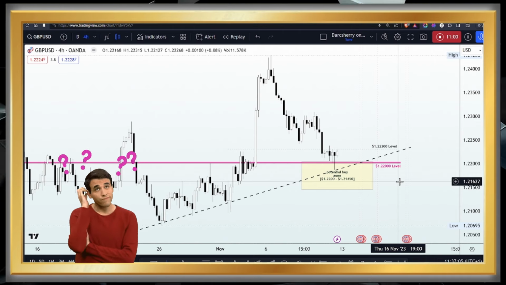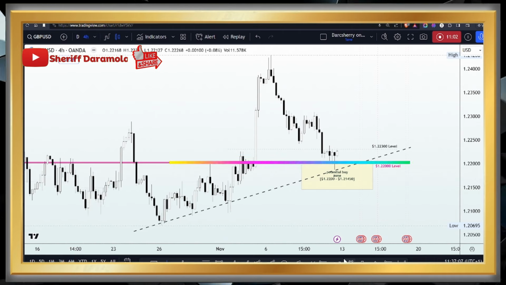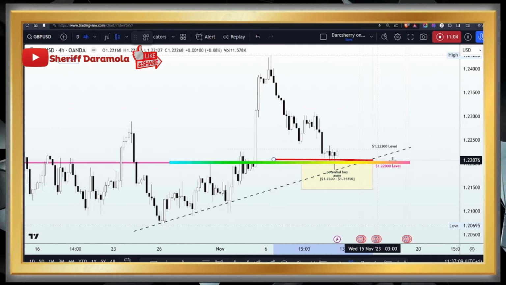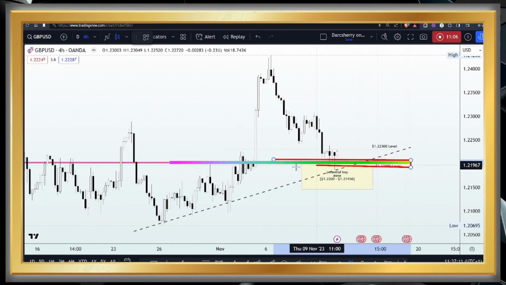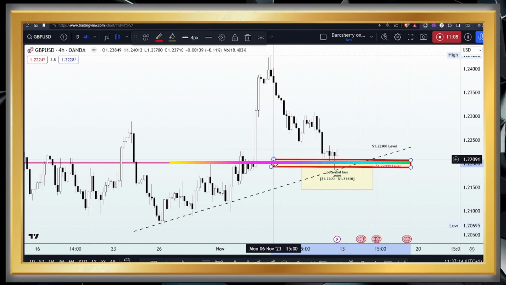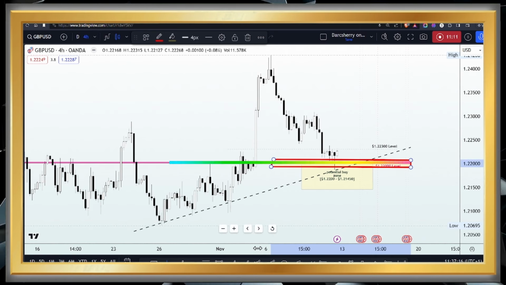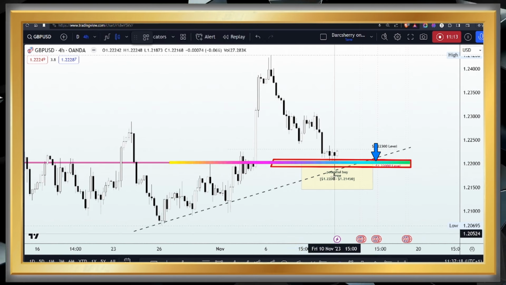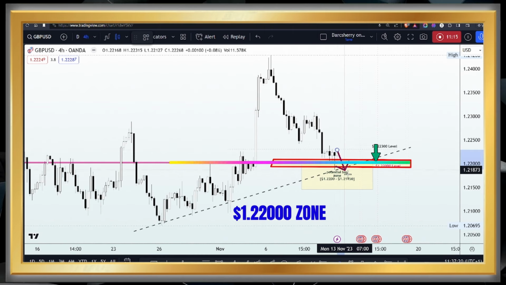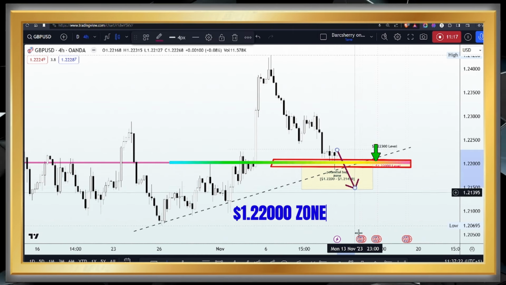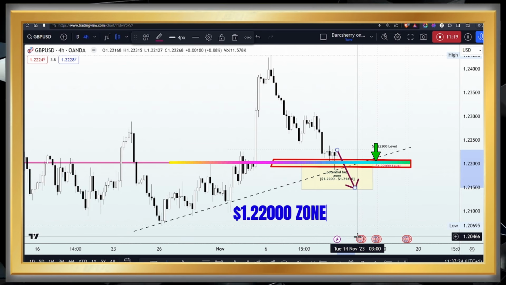Well, since we have our key level at the 1.2200 area, which interestingly shares a beautiful confluence with that ascending trend line, I'm of the opinion that if price breaks down both the key level and the ascending trend line, then this could be a sign that the trend line may no longer have the capacity to continue to negate the bearish attempt, giving us a reason to start considering selling.